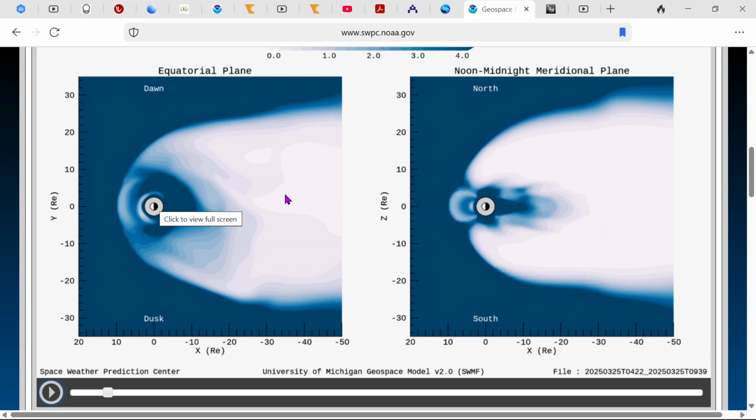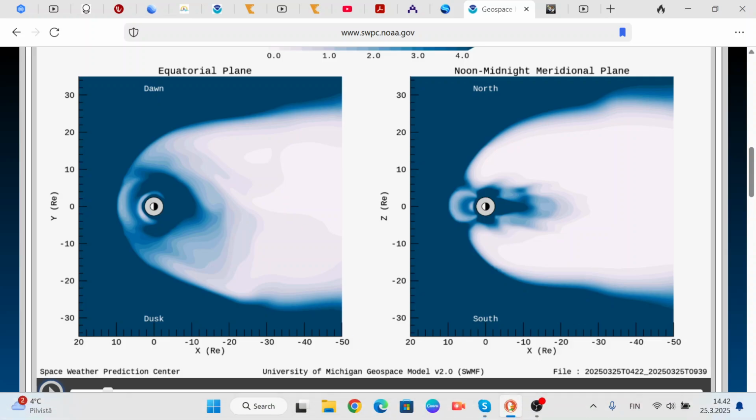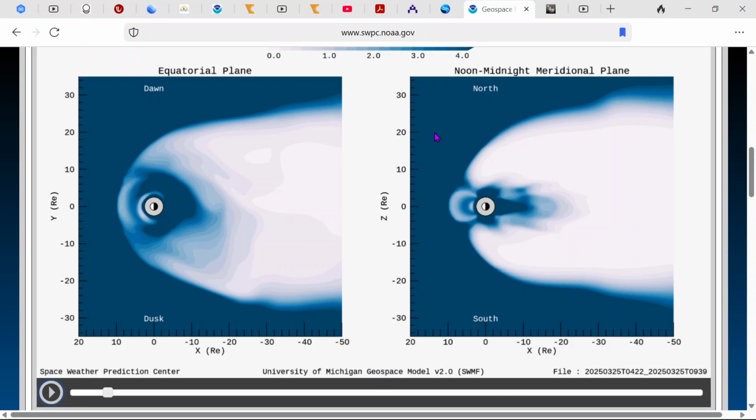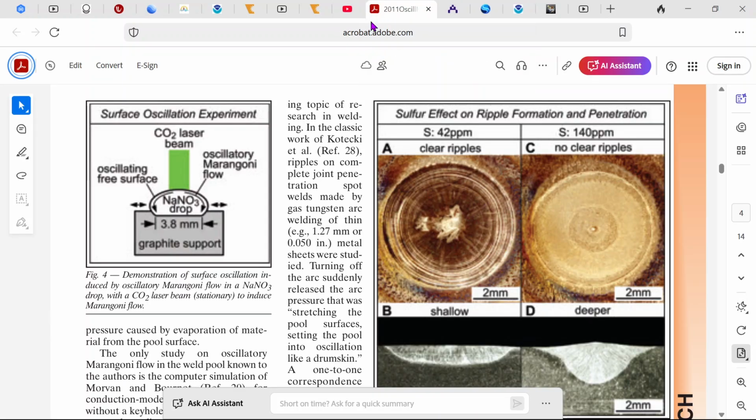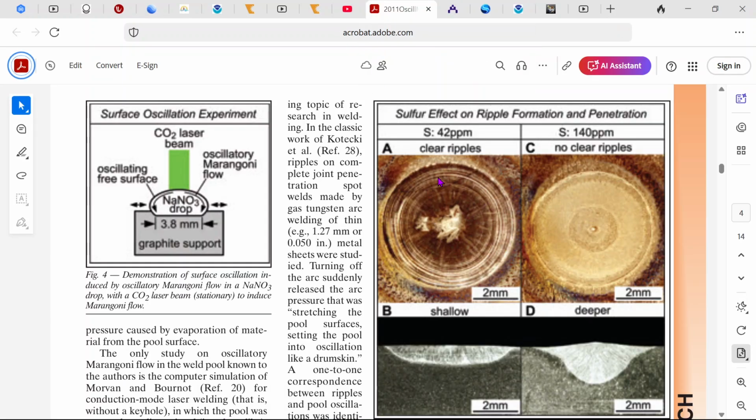And as I showed in my last video, they think that the magnetotail of Venus could reach Earth. In other words, there's a lot of sulfur on Venus, and if it reaches Earth, the impacts could be much heavier than anticipated.